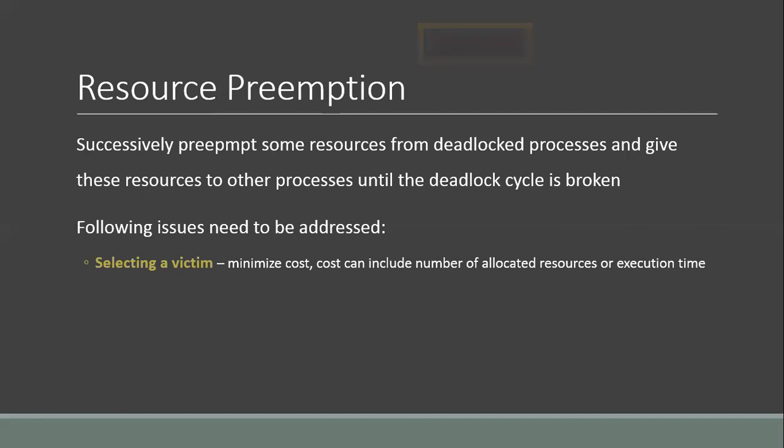We will choose a victim in such a way that will incur minimum cost. Cost can include the number of allocated resources, that is, how many resources have been allocated to this victim process, or cost can include the execution time, that is, how long this victim has been executing in the system.